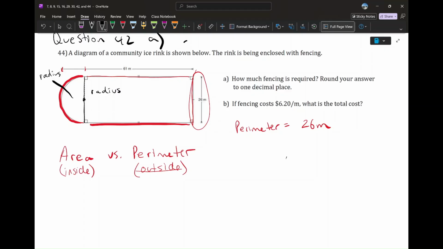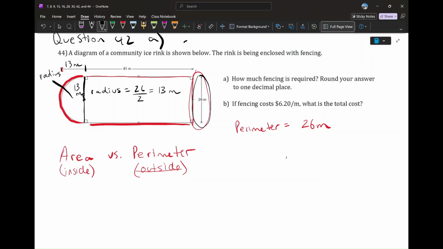We know that 26 meters would be the entire length. So we can say the radius will be 26 divided by 2, which is 13 meters. So we know that this is going to be 13 meters, which means that this here is also 13 meters.